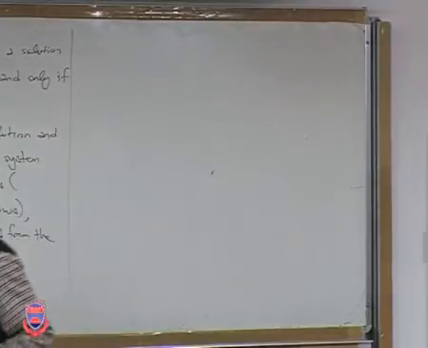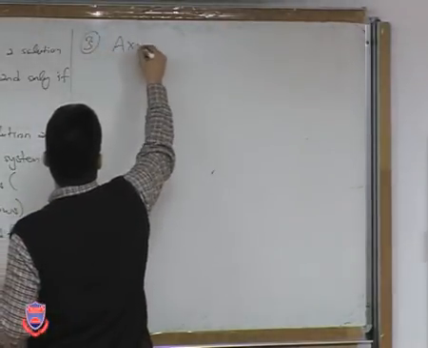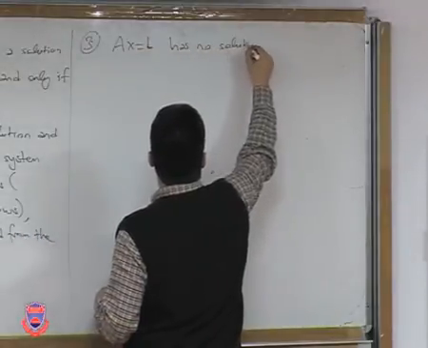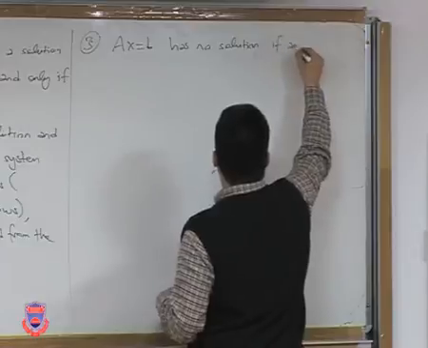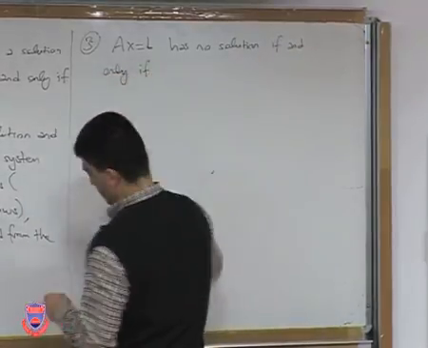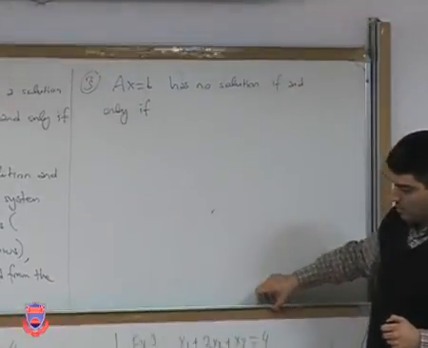now when does Ax equals b have no solution? Ax equals b has no solution if and only if... now let me just go back to example number 2 again.